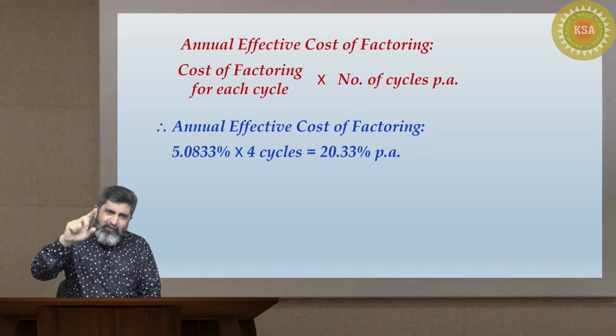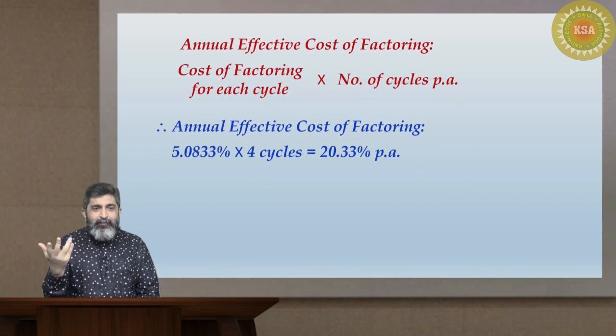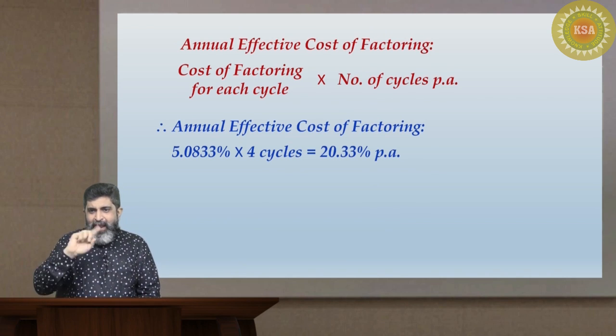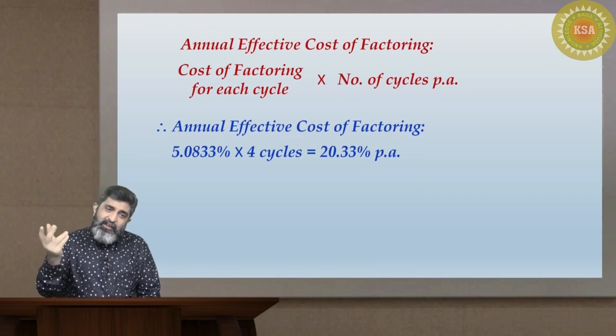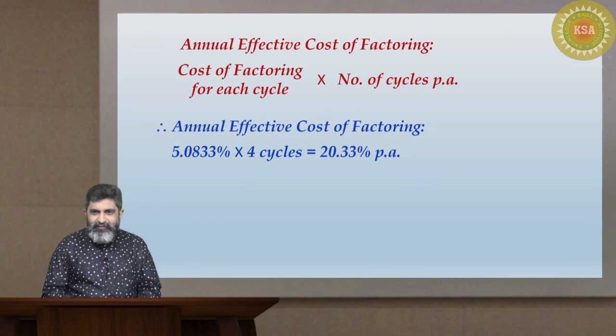Will bank ever bear the loss of bad debts? Bank will never bear loss of bad debts. Will bank make collection on behalf of me? Bank will not make collection on behalf of me. Bank will just give me advance and collect interest from me. Can we agree on that?